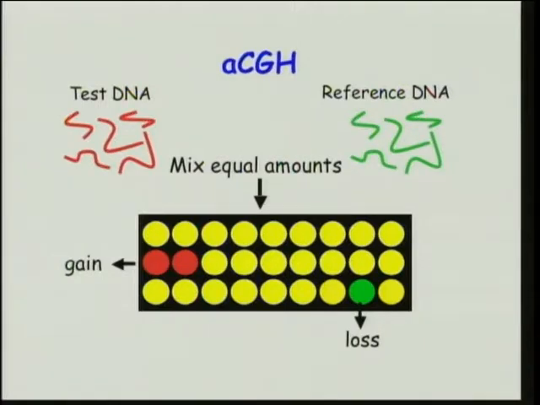And again, anywhere where you get equal amounts of test and reference DNA, you end up with a yellow hybridization signal. Anywhere where you have an excess of green, in this example, it indicates that there's a loss of chromosomal material in your test compared to your reference. And again, anywhere where you have an excess of red signal, it indicates that you have a gain of chromosome material in your test compared to your reference.